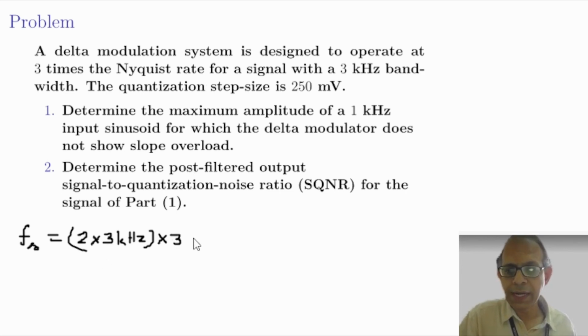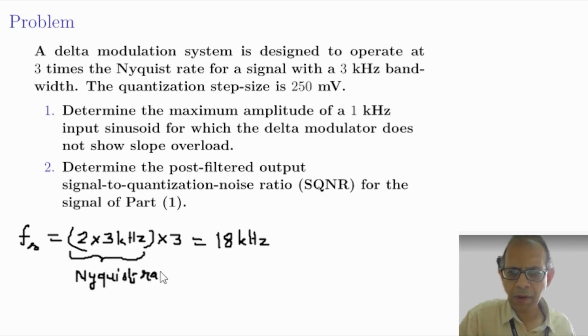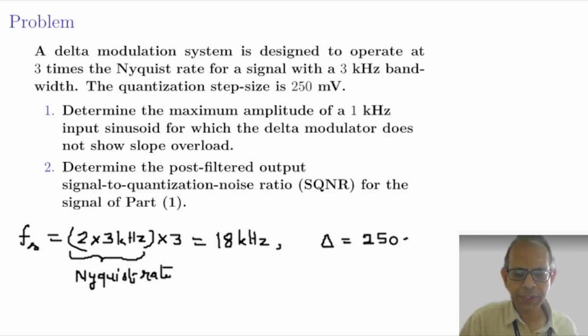So it is 18 kilohertz or 18,000 samples per second is the sampling rate. Also given is the step size delta equal to 250 millivolts.